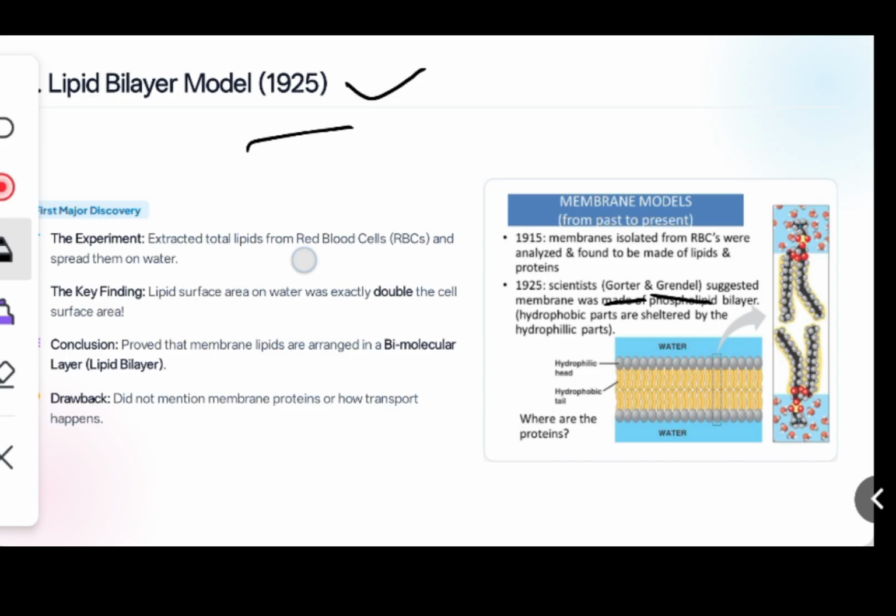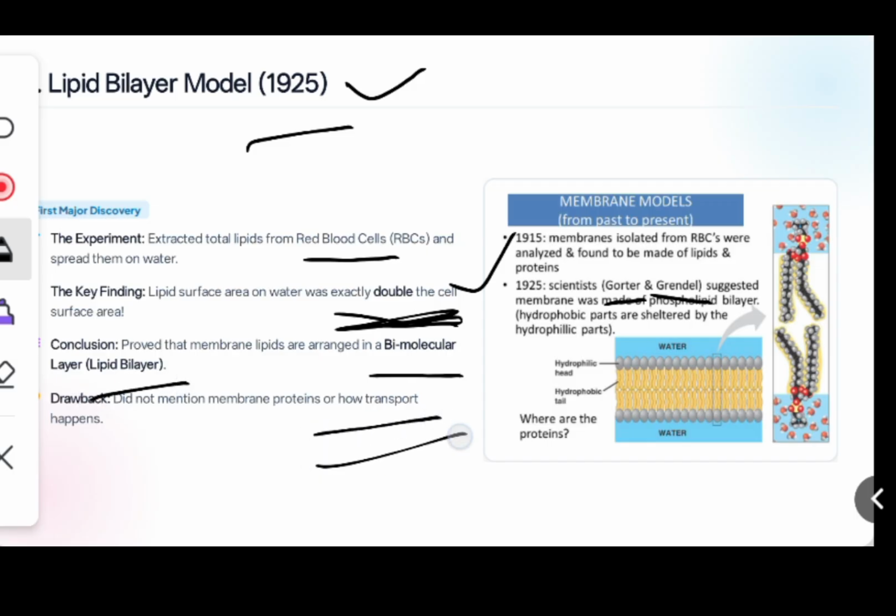This experiment was done on red blood cells, RBC, and they stated that lipid is not a single layer, it is a double layer. It is arranged in a bimolecular layer, a lipid bilayer, two layers.